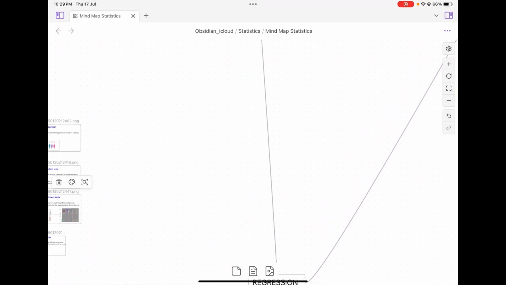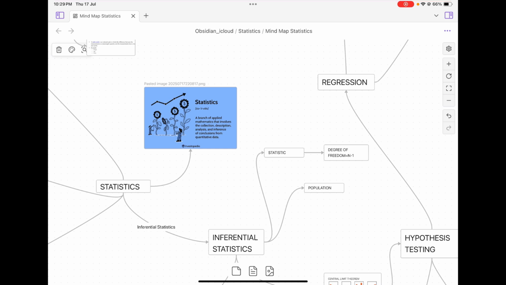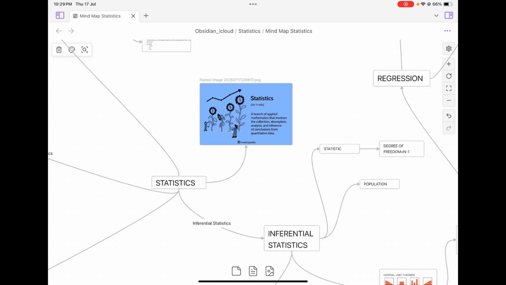So this is what we are going to study in this course. Now that you have a preliminary understanding of statistics, we can move to our first step.